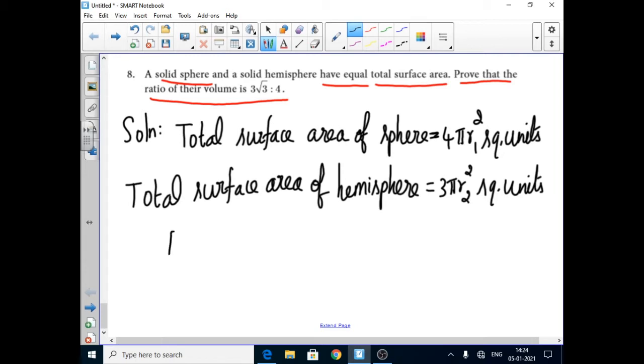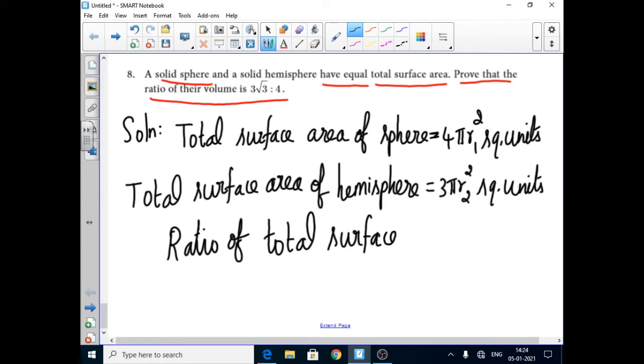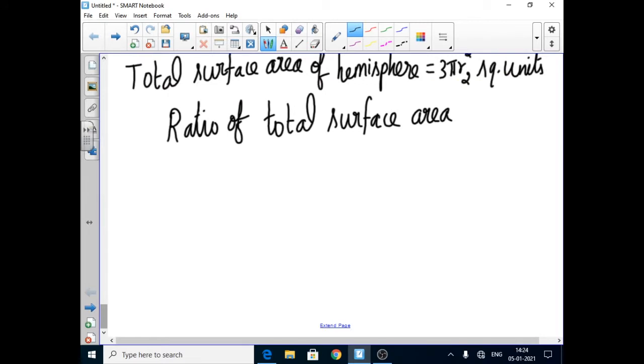So ratio of total surface area of sphere and hemisphere is 4 pi r1 square is to 3 pi r2 square.